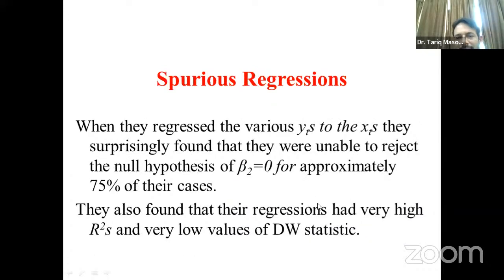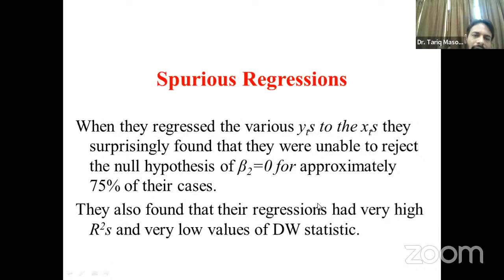Now when they regressed y on x, assuming y as dependent and x as independent, they surprisingly found that they were unable to reject the null hypothesis of beta 2 equal to 0 in approximately 75% of their cases.